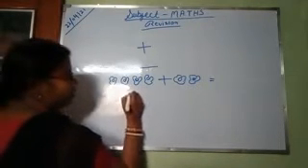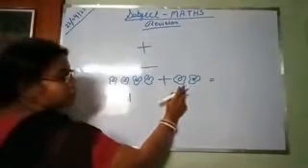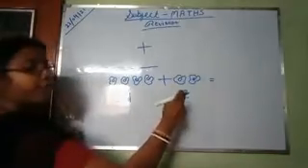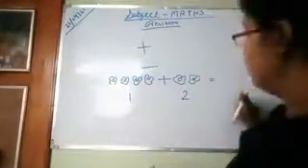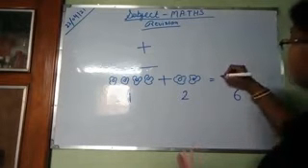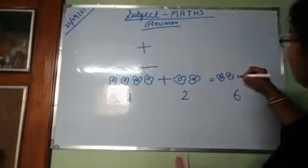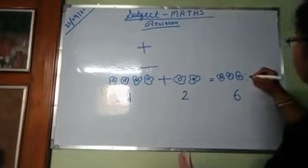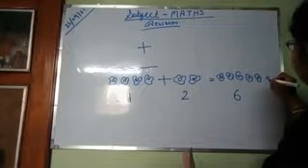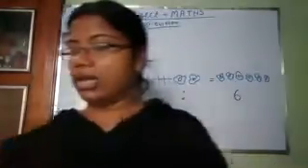You have to write the number 4 here. It is a plus sign, and it is 2. So 4 plus 2 will be 6. I will draw 6 pictures here. Whatever the total things with me is called addition.